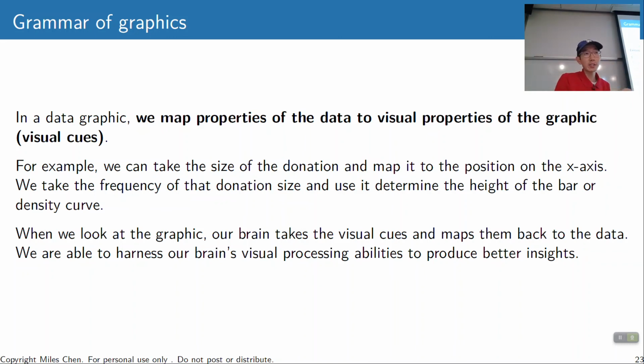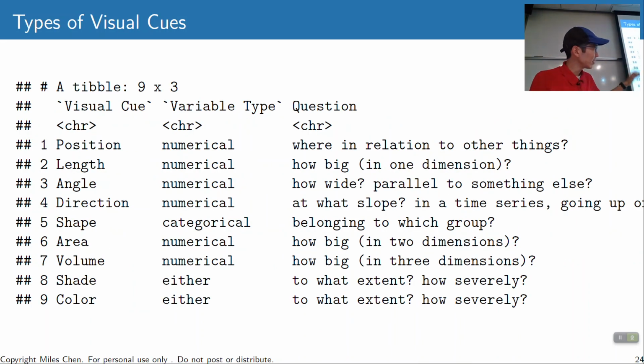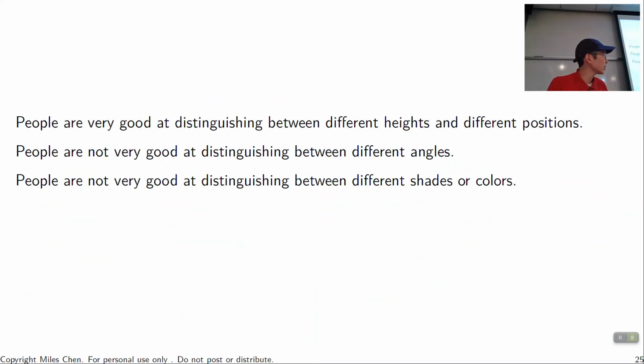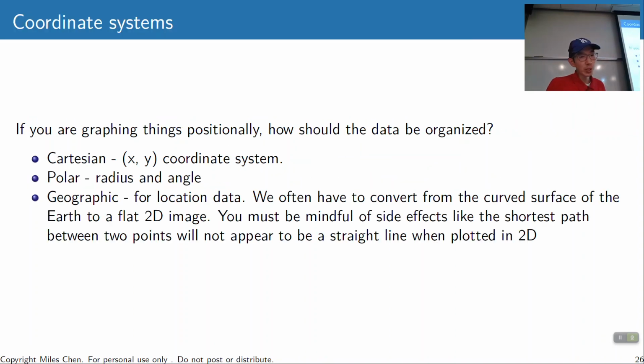So we'll take a closer look at this kind of concept. You can flip through some of these slides. On Wednesday, we'll start looking at ggplot, and we'll start working through some of this stuff.